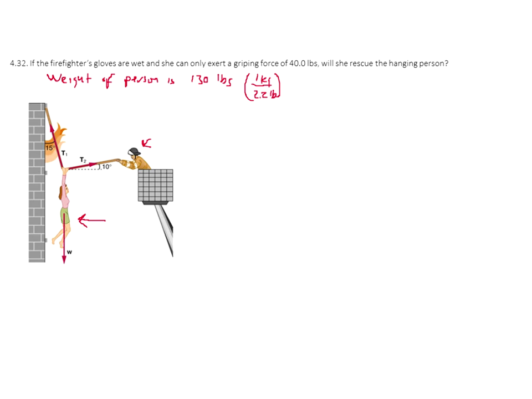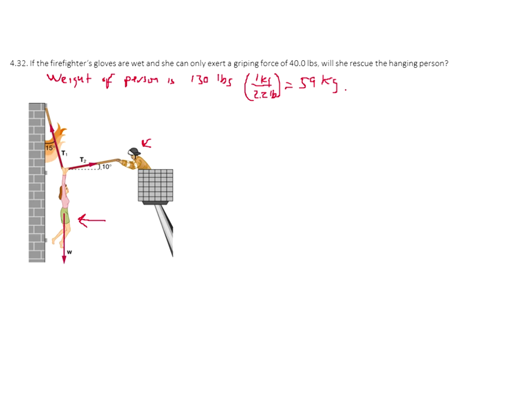So if we figure that out, 130 divided by 2.2, so 59 kilograms. So that woman has a mass of 59 kilograms.